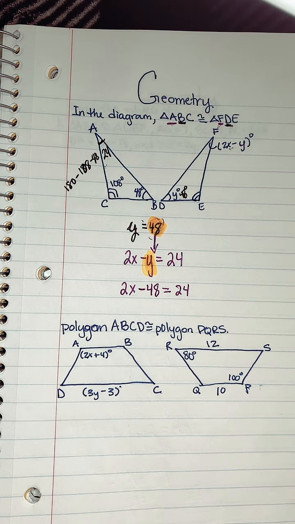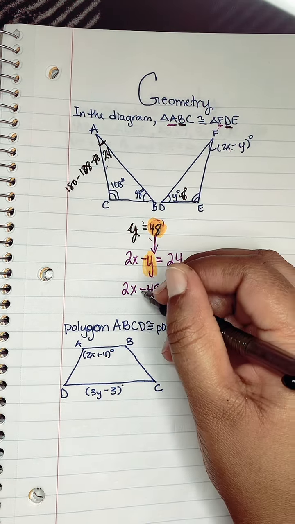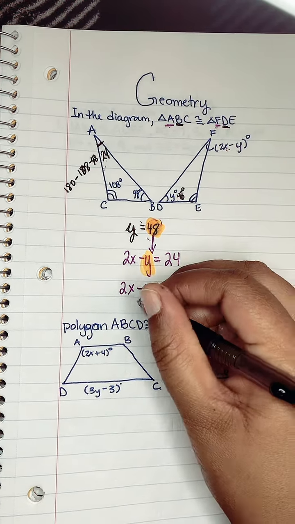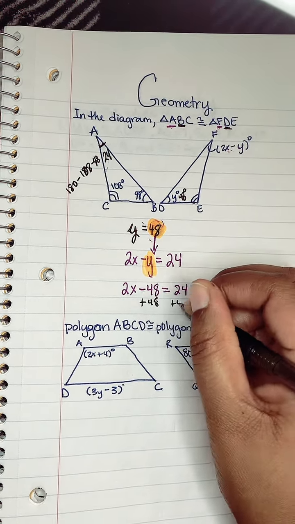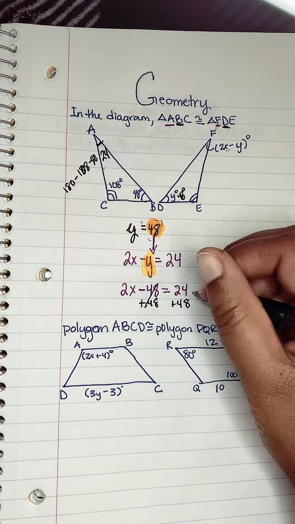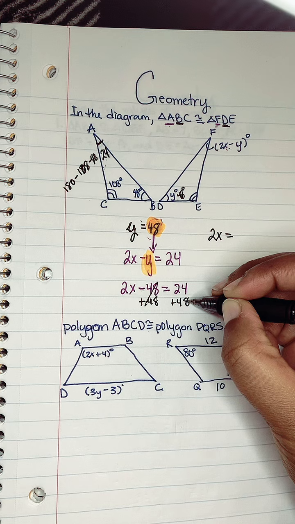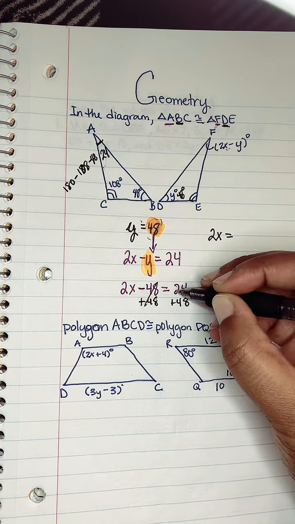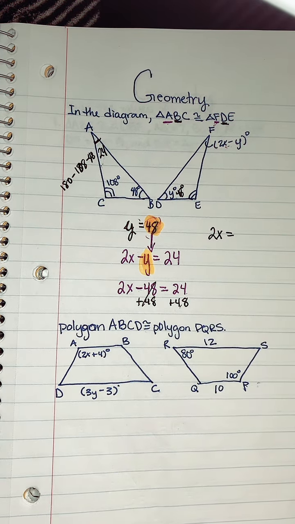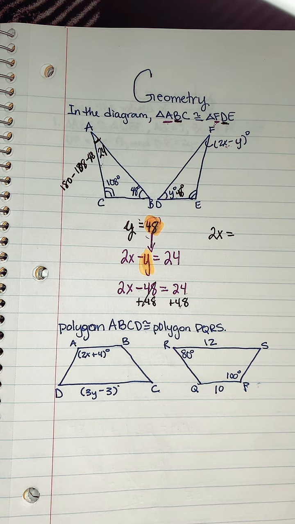Okay. So now, how do we solve? We're going to do the opposite of this minus. Good. Add 48 to both sides. And then I'm going to move it up here, you guys. 2x equals, what does this give us? Somebody tell me what this gives us. 24 plus 48. I think that's a 72, I want to say. Anybody get anything different?